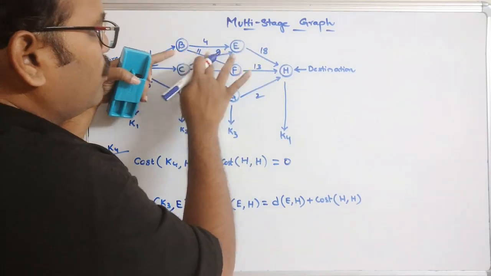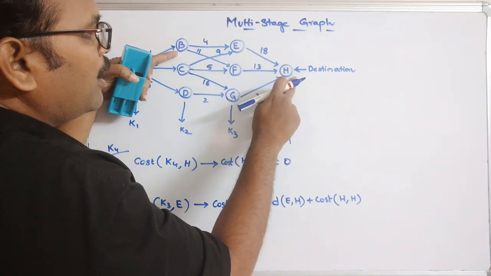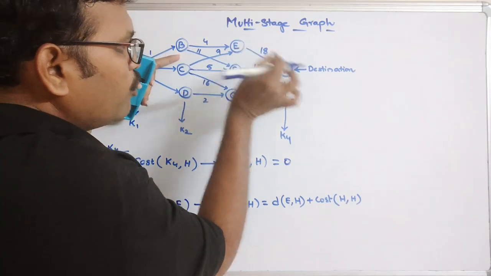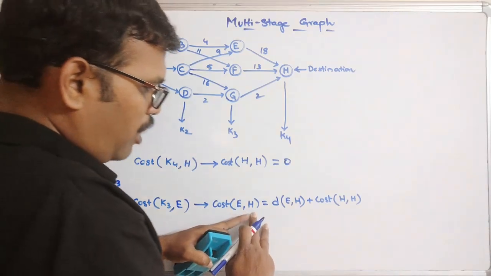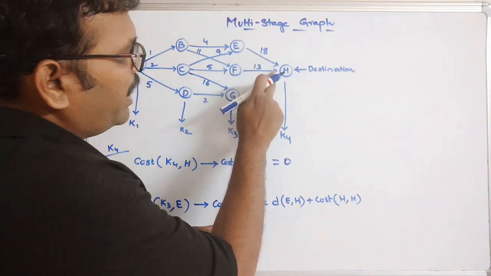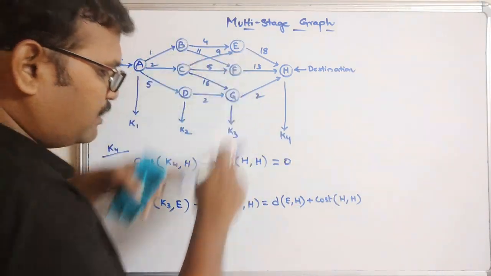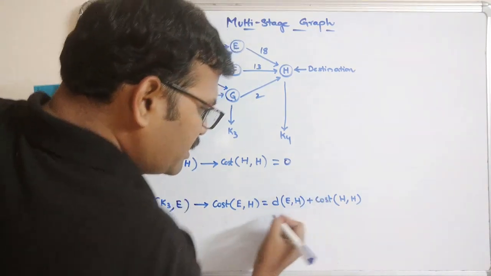So we need to find out the distance from B to H. Then obviously we can say the distance of B to E and from E to H. Similarly, if we are finding the cost E comma H, then the distance of E to H and the cost of H and H. If we have multiple paths, we need to find out the minimum. So what is the value here?